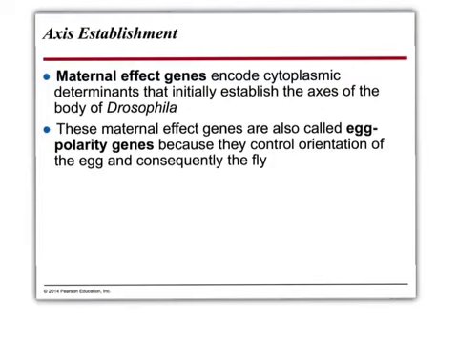They're also called egg polarity genes. So really, we're talking about cytoplasmic determinants that come from the mom, and then they determine egg polarity, front to back, left to right. They control orientation of the egg, and then consequently, the fly.